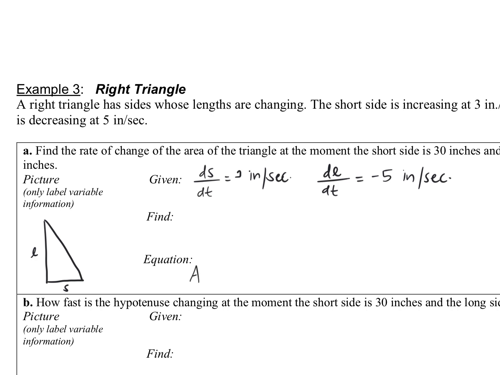Now in this case, I'm going to use the variables that I chose, L and S. So I'm going to do A = 1/2 L times S. And we are specifically finding the rate of change of the area, so dA/dt, when my short side is 30 inches and my long side is 40 inches. I'm not plugging those values in right away until after I take the derivative.